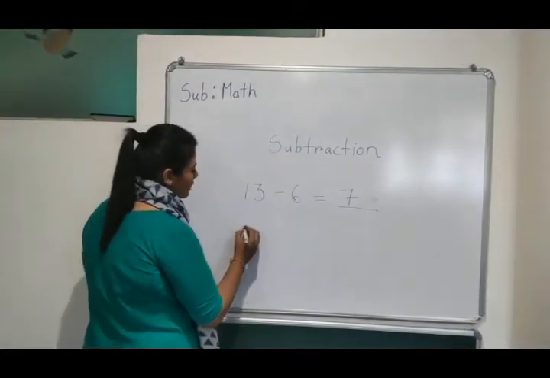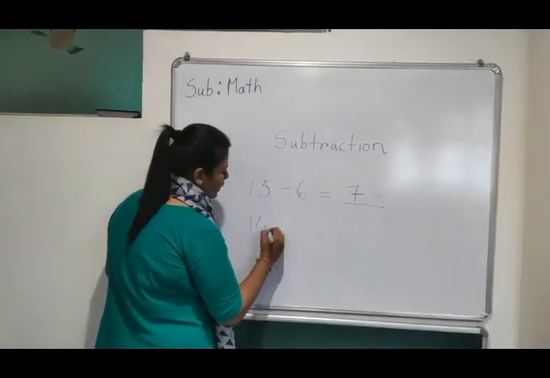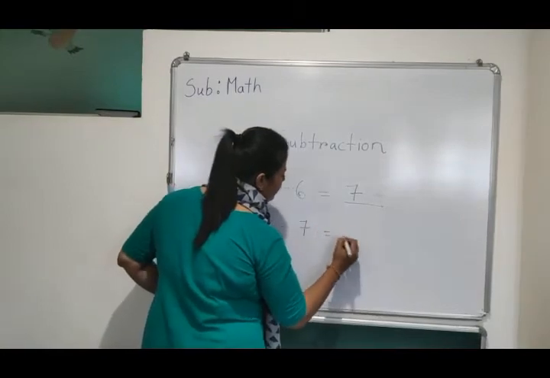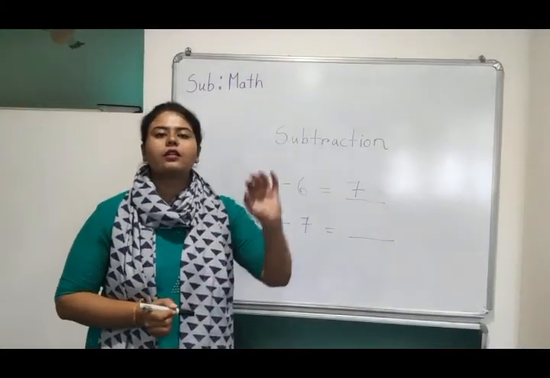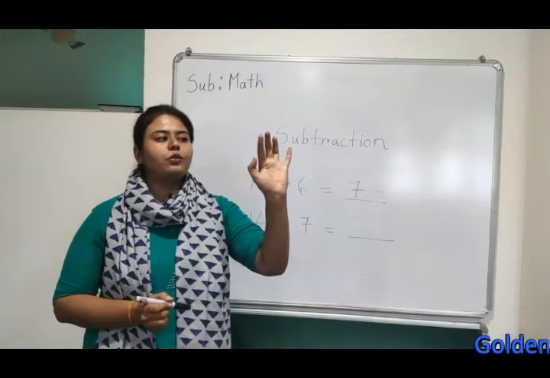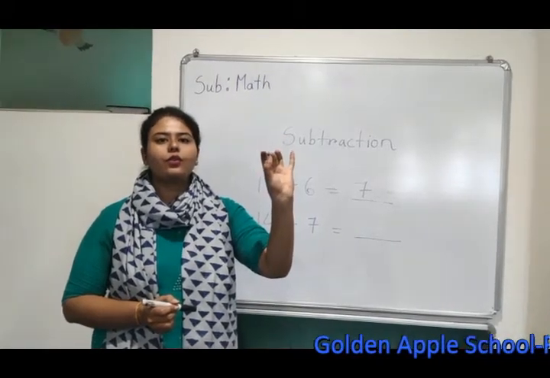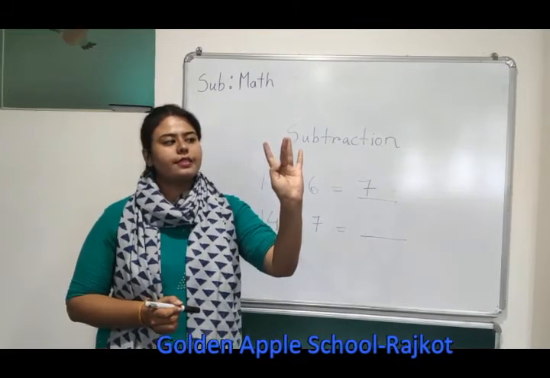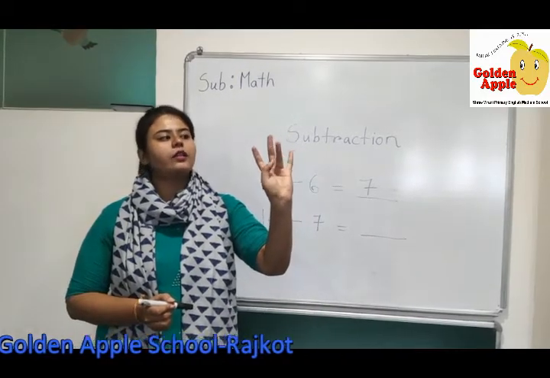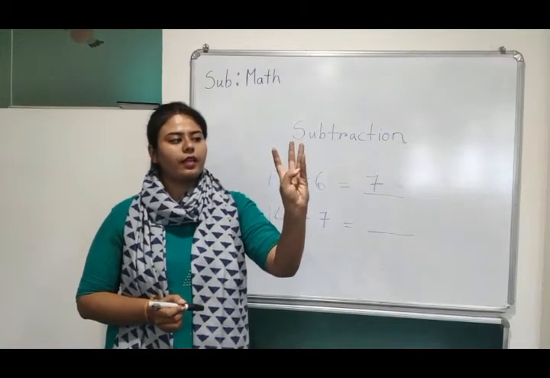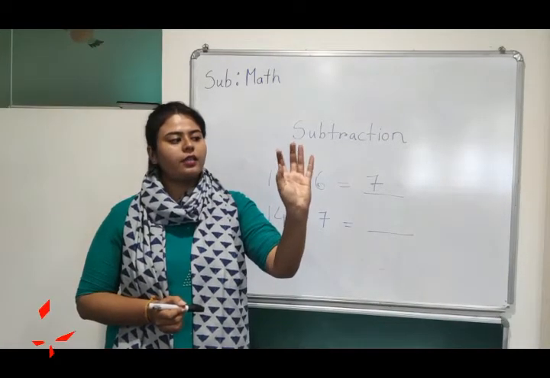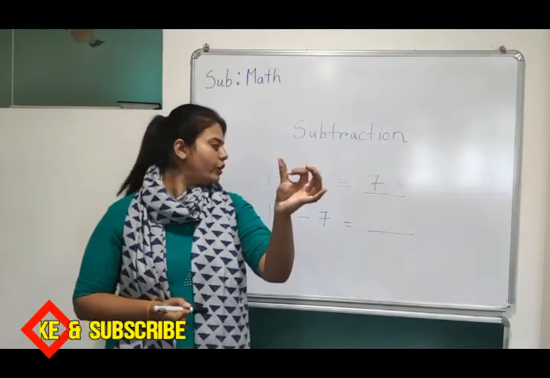Now next one is 14 minus 7. So now I will count 14. 1, 2, 3, 4, 5, 6, 7, 8, 9, 10, 11, 12, 13 and 14.